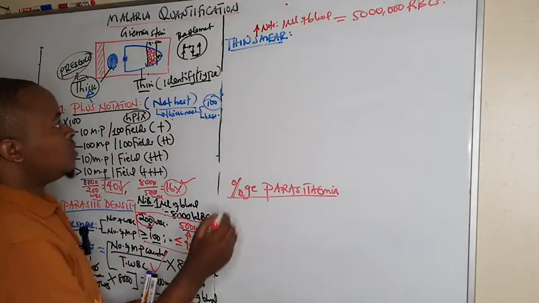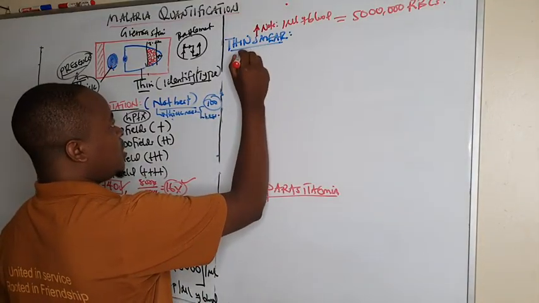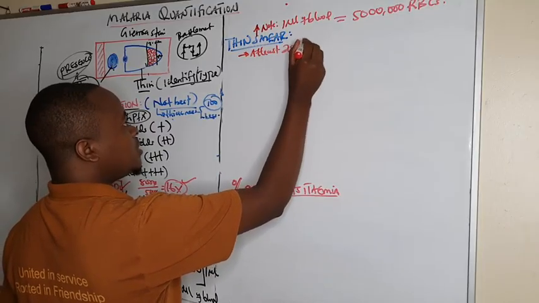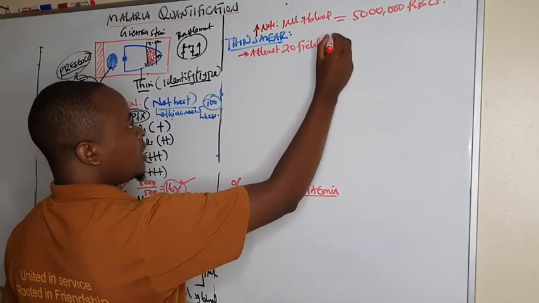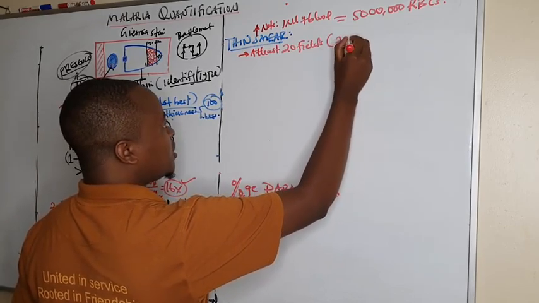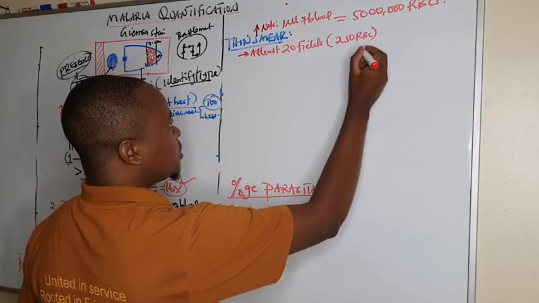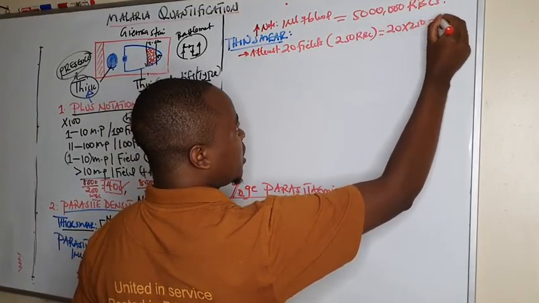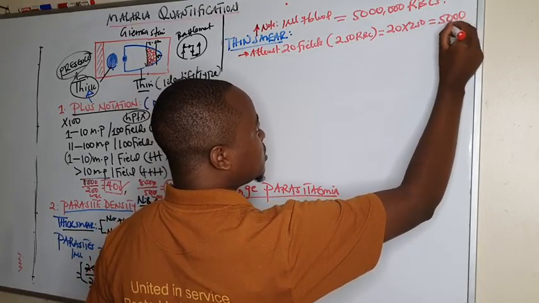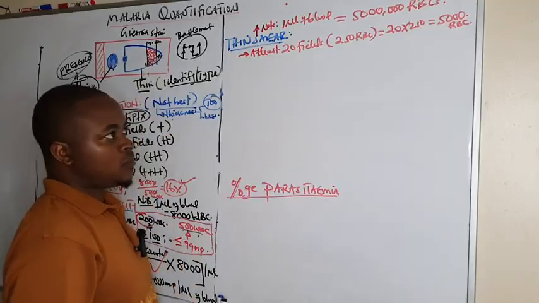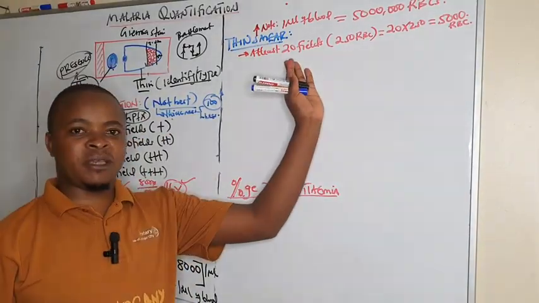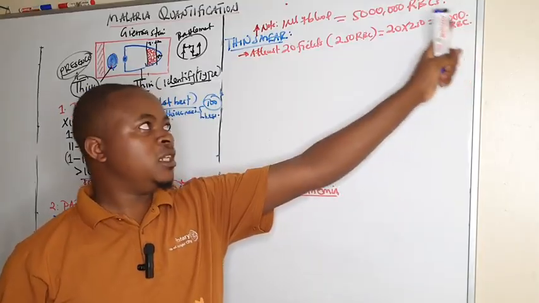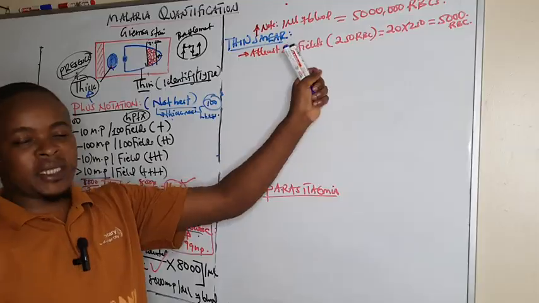We count at least 20 fields, and each field is approximated to have 250 RBCs. So 20 times 250 gives 5,000 RBCs. For high parasitemia, you can count up to 5,000 RBCs. Then you also look at the number of parasites present.